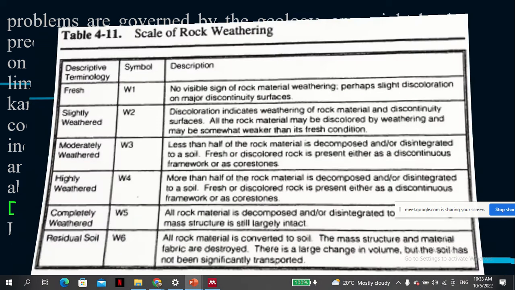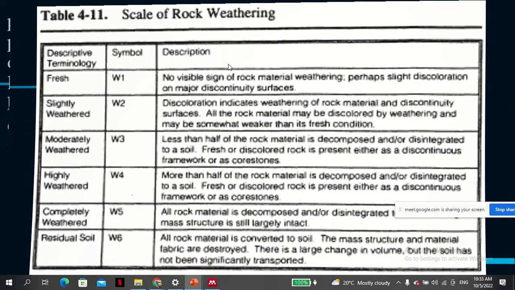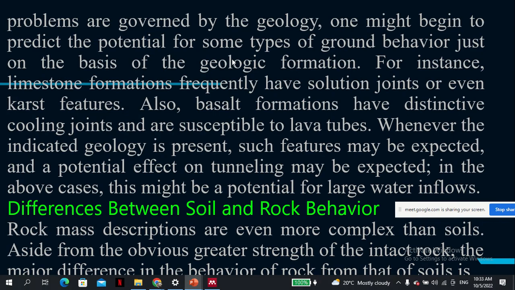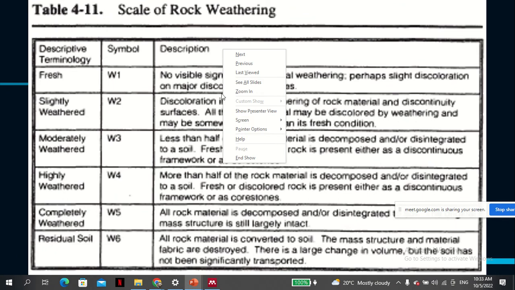So let me, if I could find somewhere to write. Okay, I can write here. So for example, you know that limestone is calcium carbonate.